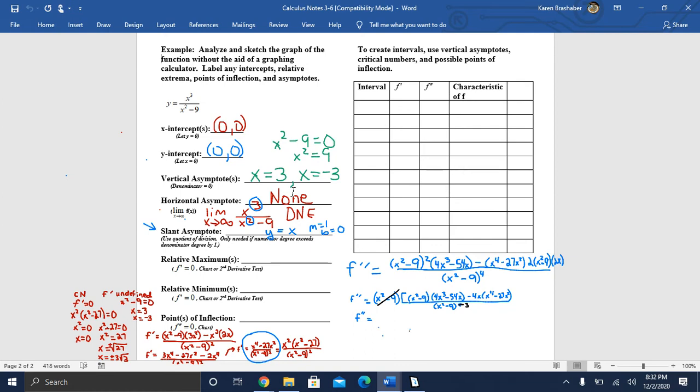So we're going to multiply these two together, and that will give us 4x to the fifth minus 54x to the third. And then minus 36x to the third.